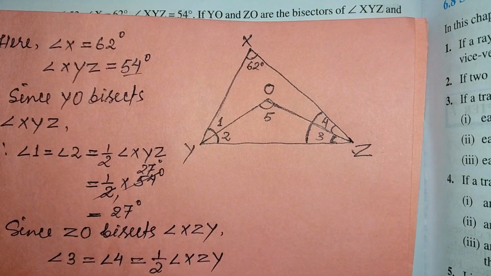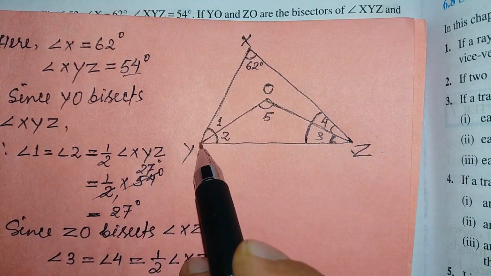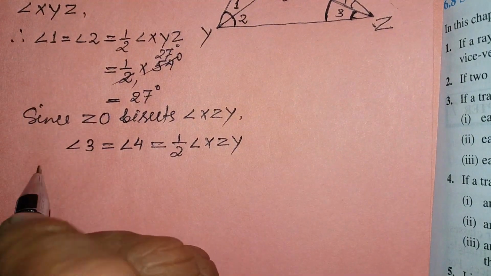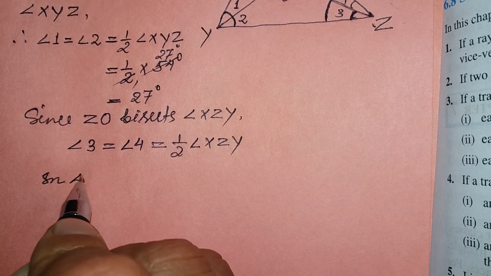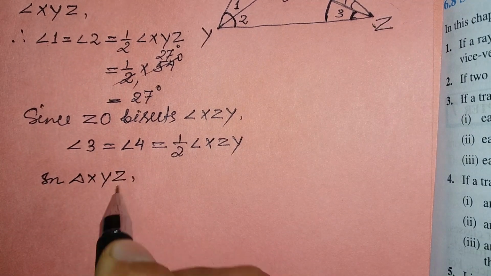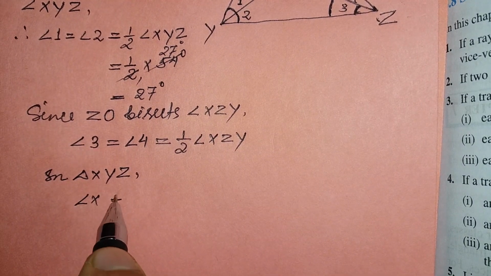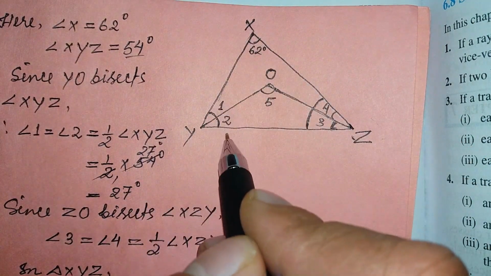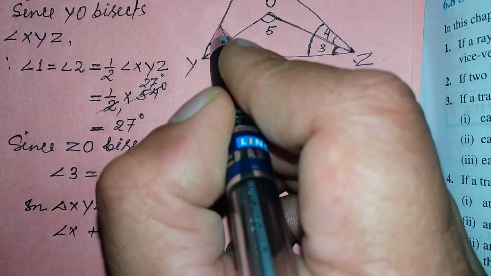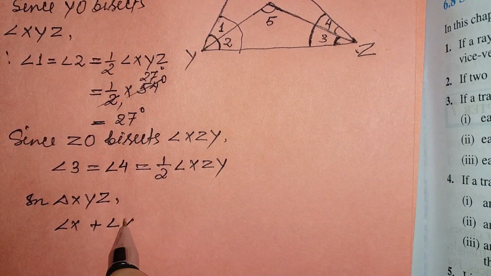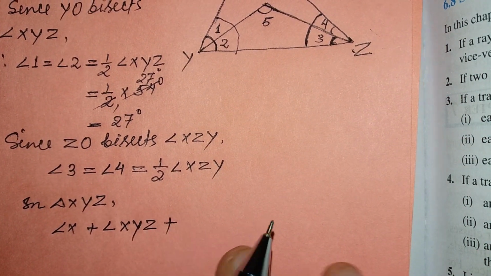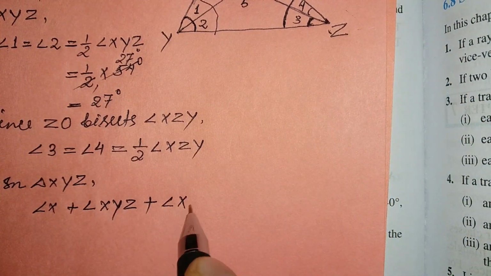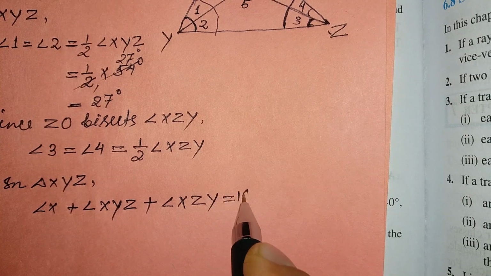For that we're going to use the angle sum property of a triangle in this big triangle XYZ. In triangle XYZ, angle X plus angle XYZ plus angle XZY is equal to 180 degrees.